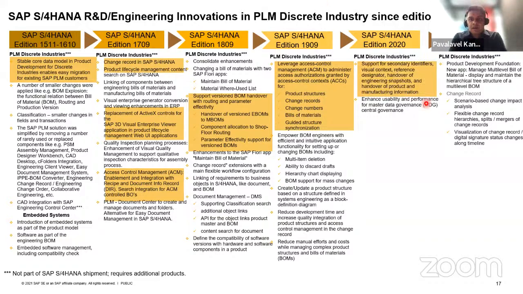Then as a part of 2020, additional visual context, reference designer, and handing over of engineering snapshots were all improved. Then we have the multi-level BOM, which came up in 2021, which we just discussed in the previous one.